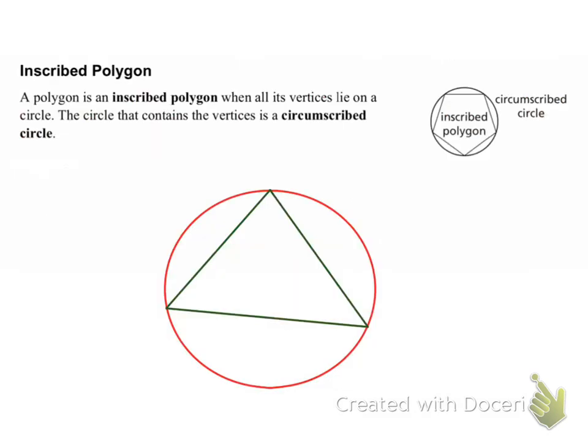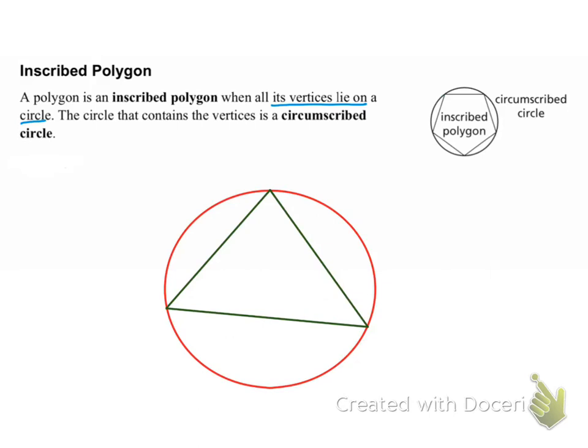Let's move to another definition, that's called inscribed polygon. An inscribed polygon is a polygon inside a circle, but all its vertices should lie on the circle.